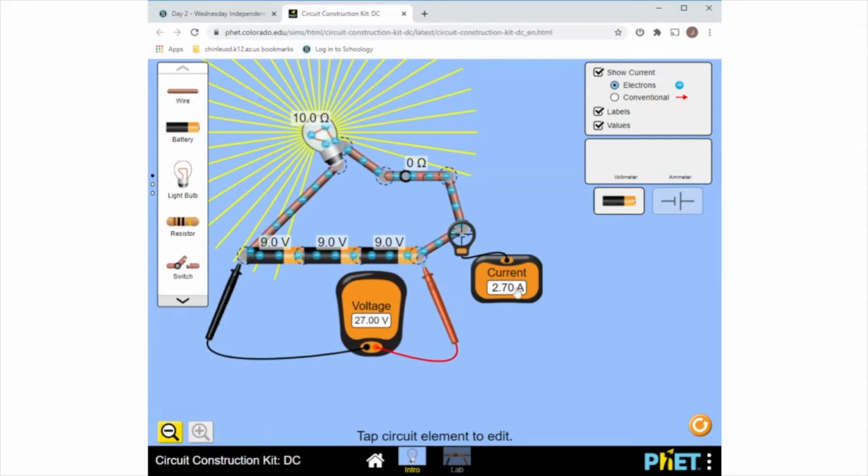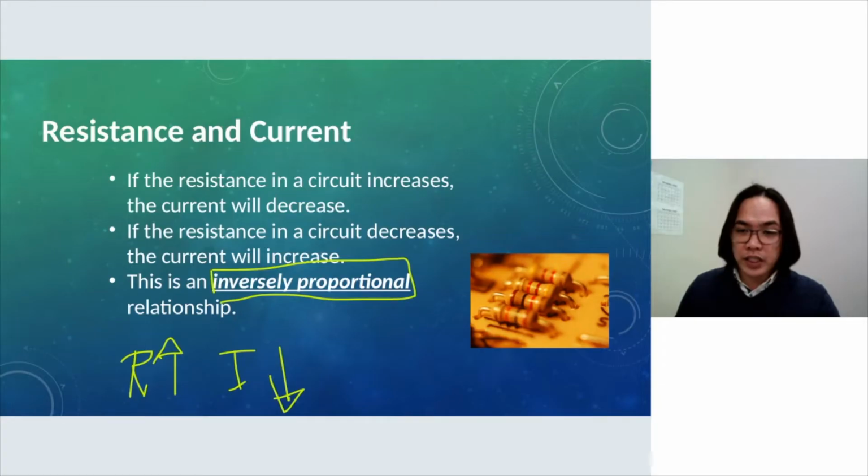From 1.8 amperes, it now changes to 2.70. However, when you take a look at the resistance, your bulb, it still stays the same. Your voltage and current have now tripled, but your resistance is still 10 ohms. Meaning, the higher the voltage, the higher the current, your resistance will always stay the same. That's why they are inversely proportional.